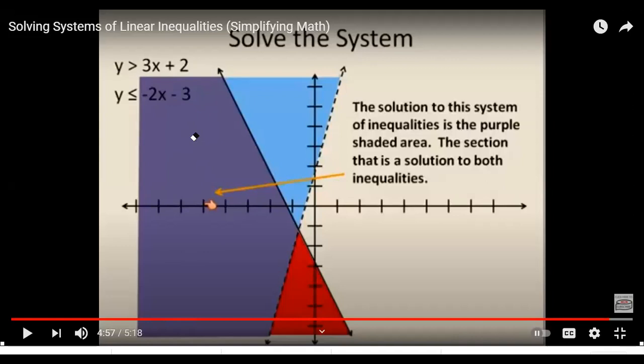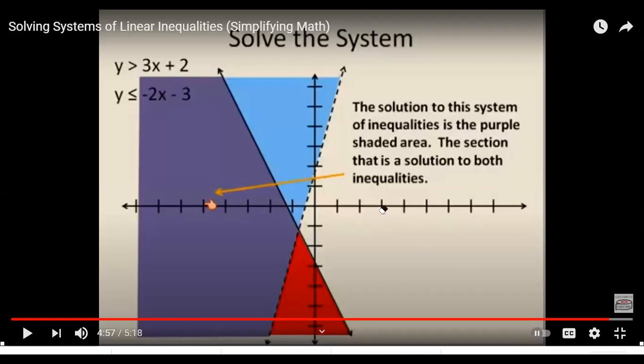Okay. Then you will choose any ordered pair, where 3 and negative 2. 3 and negative 2, right? Could I choose any point related to the blue part? Yes. Could I choose any point belonging to the red part? Yes. But could I choose any point related to the white part?